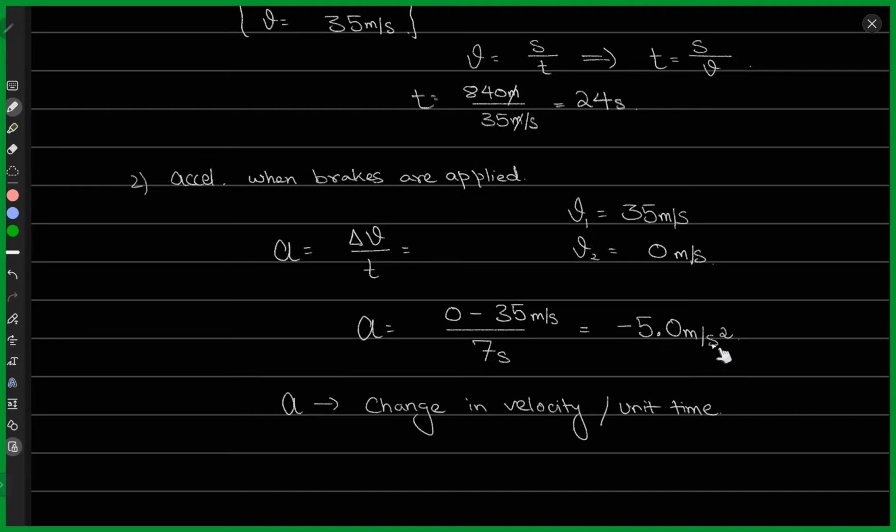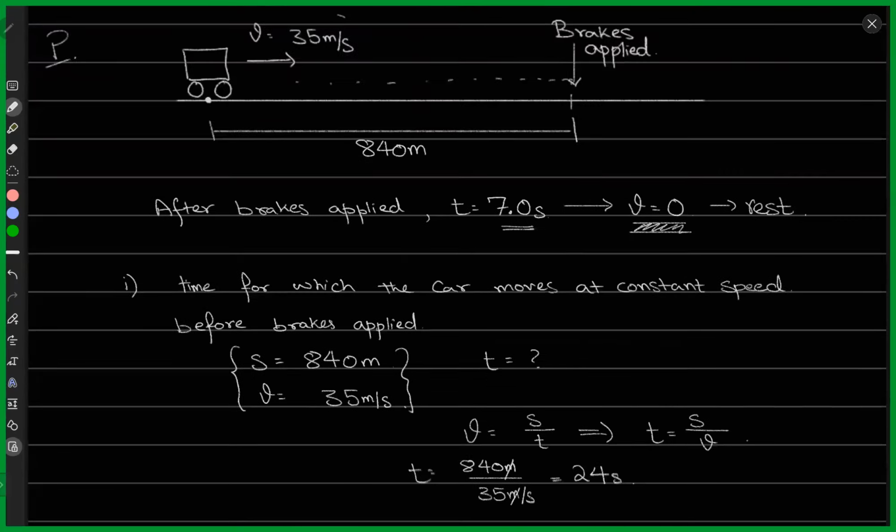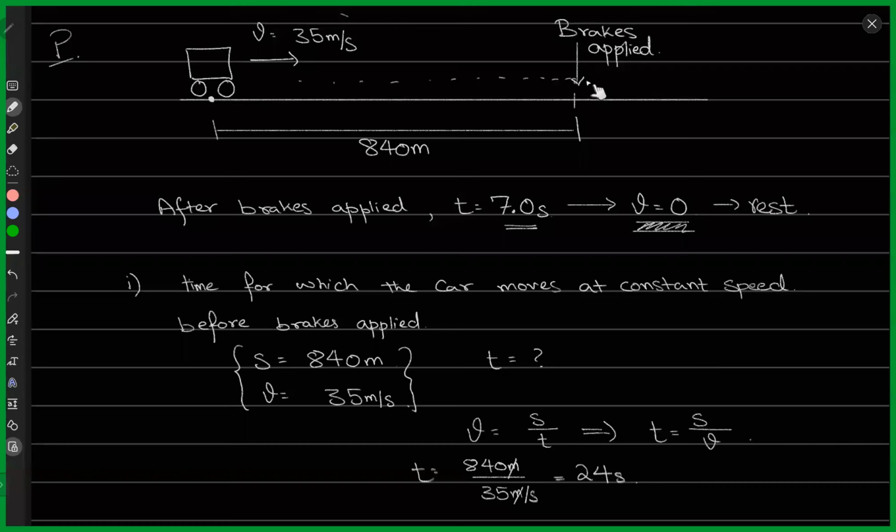So if I come back to this diagram, as soon as the brakes were applied, after every 1 second, the velocity of the car would decrease by 5 meters per second. So if it was 35 meters per second, after 1 second it would be 30 meters per second, and after 2 seconds, it would be 25 meters per second, and so on. So it would take 7 seconds to reach 0 meters per second, and the car would eventually come to a stop.